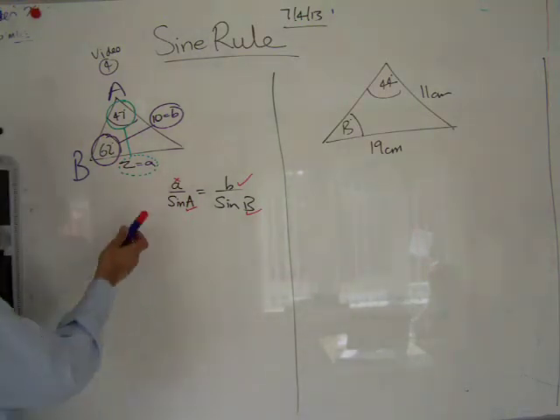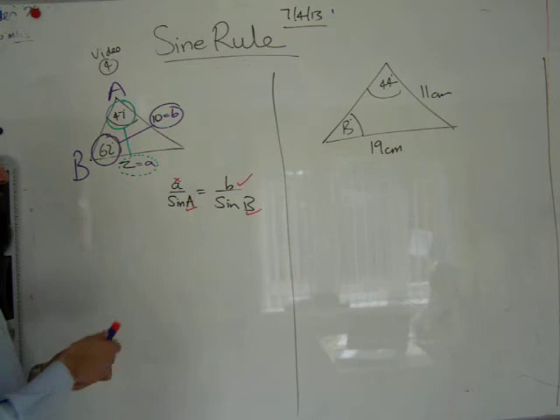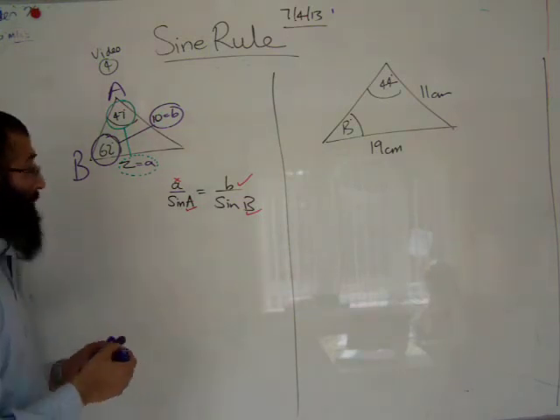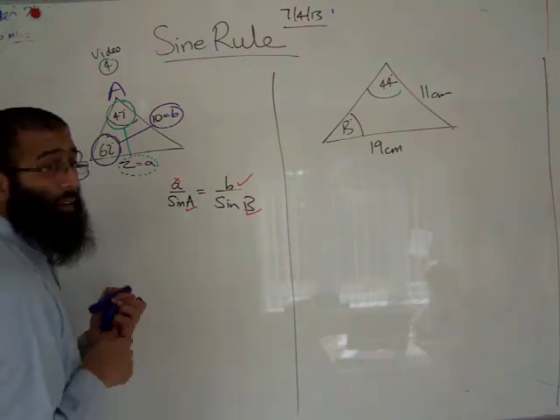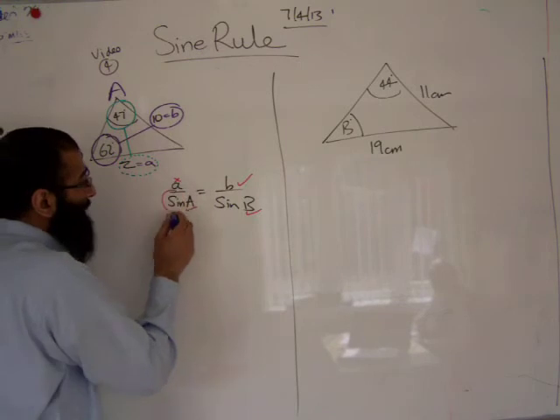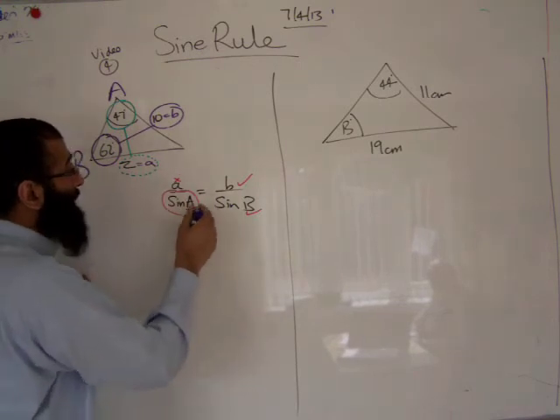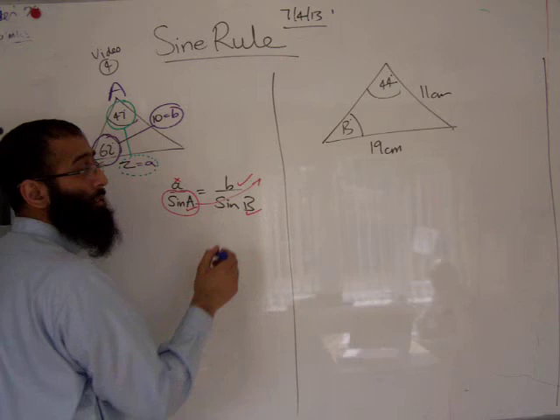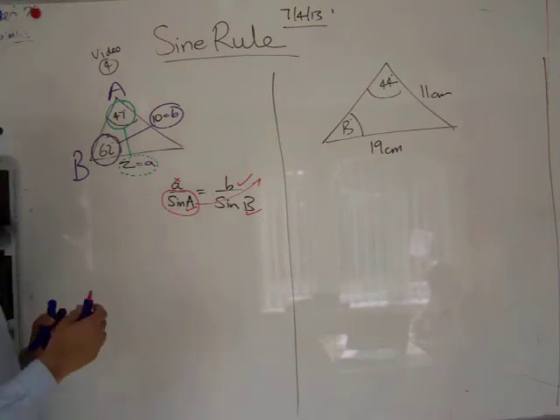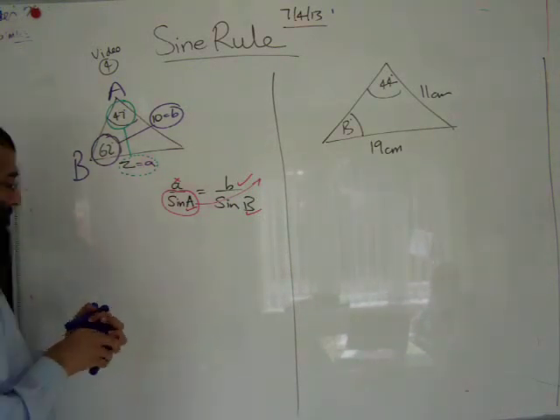Okay, we need to work out the value of a, but we have a over sine A. So what do we do from this to the sine A? So that's it, a divided by sine A. And the opposite of divided by sine A is? Inverse. Times. Oh, times. Yeah.